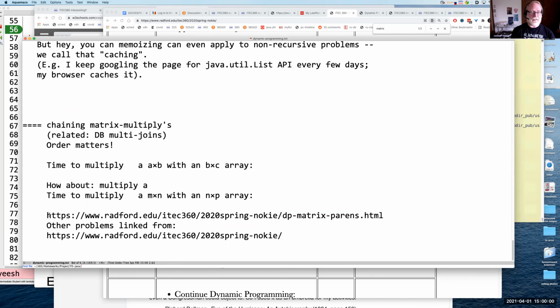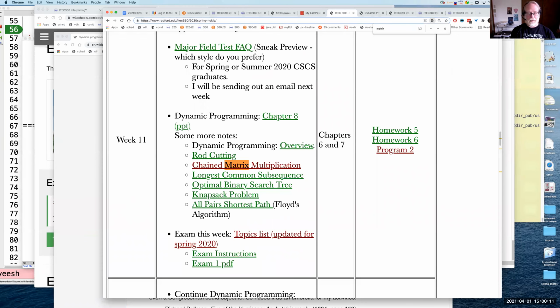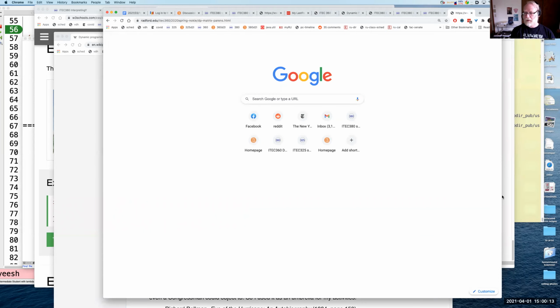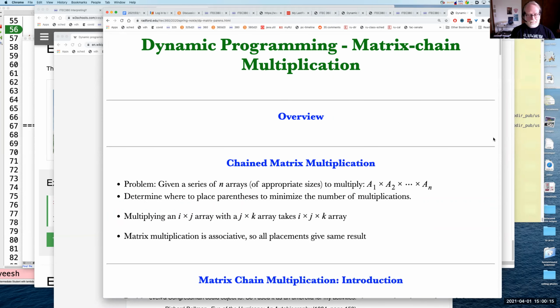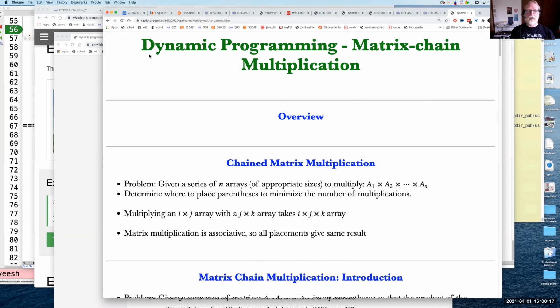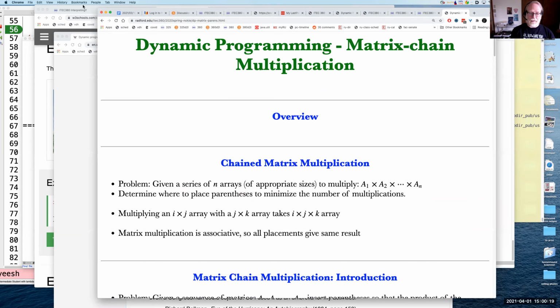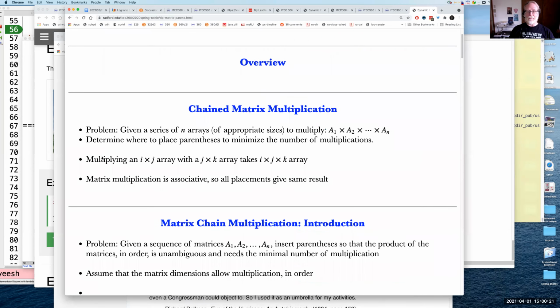Go ahead and look at Dr. Oki's notes. So I'm going to go ahead and put this page here. And I've already talked about the first part of this, the chained multiplication.